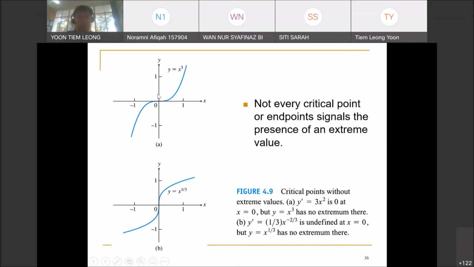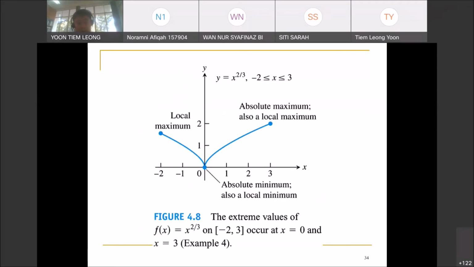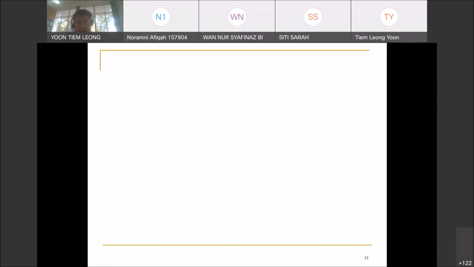So this is a good example to show that if you have a derivative which is 0, it doesn't mean it is a local extremum. Remember this: if the derivative is 0, it doesn't always mean it is a local extremum. In some cases it is, but it doesn't mean all cases are like that.